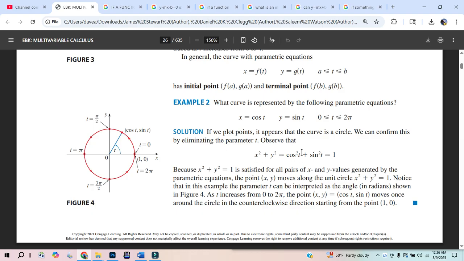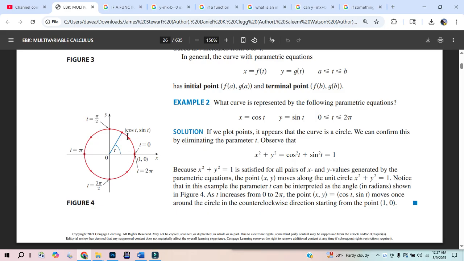This t is usually represented as the angle, and we just said that time value is represented as the angle as well. So whatever this path of the particle, the time value is the angle as well. That's kind of interesting.